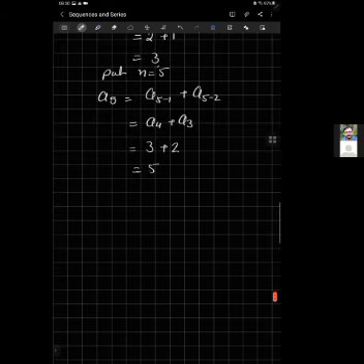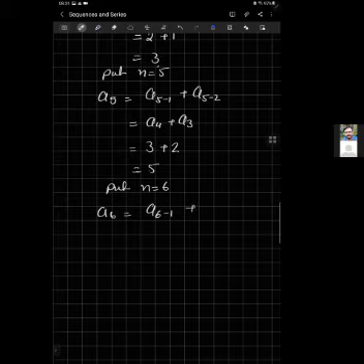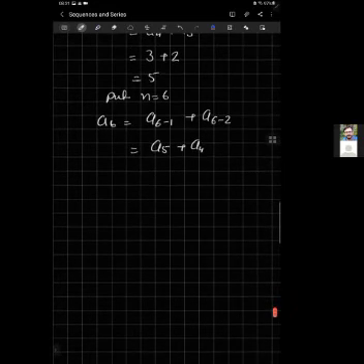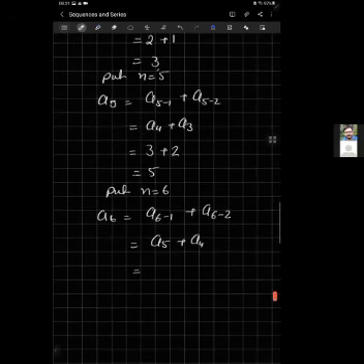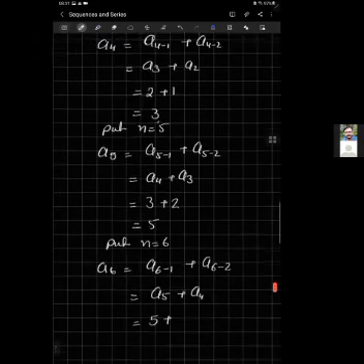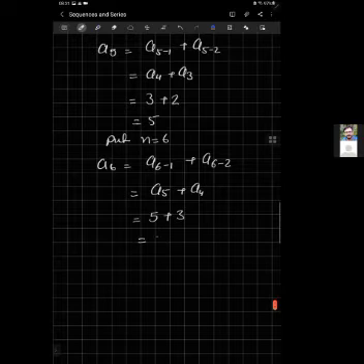Next, put n is equal to 6. a6 will be a(6 minus 1) plus a(6 minus 2). It will be a5 plus a4. The value of a5 is, from the previous term, 5. And the value of a4 is 3. It becomes 8.